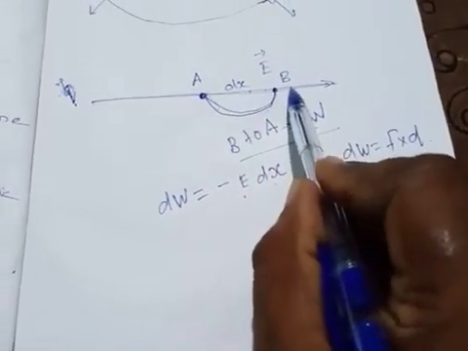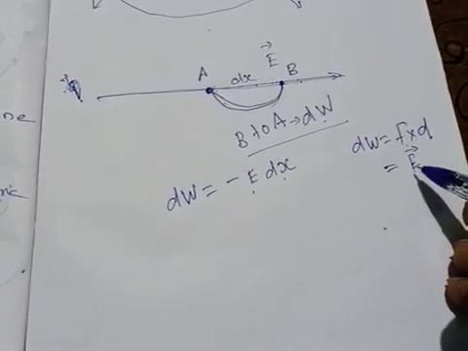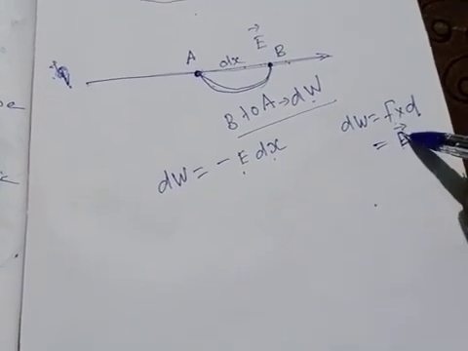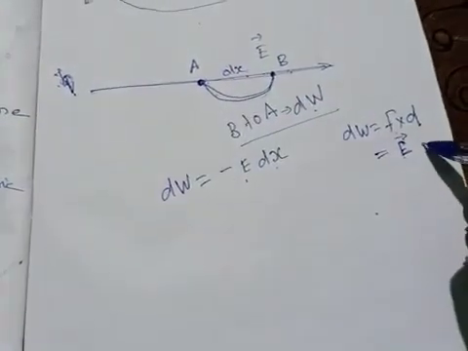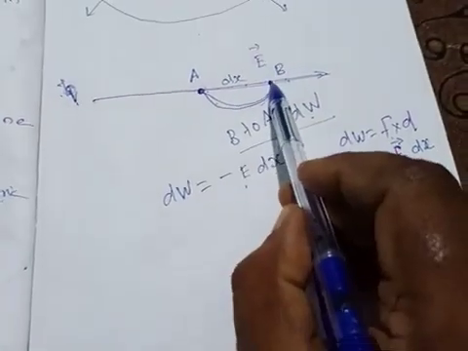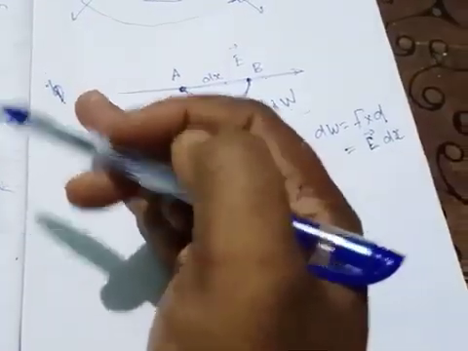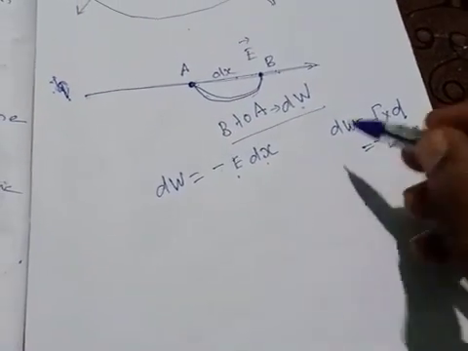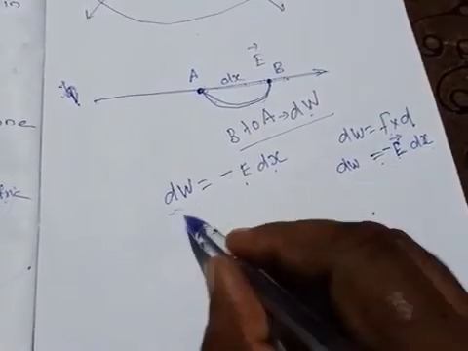This electric field line is experiencing a force; due to this electric field we experience an electric force. And the distance moved from position B to A is dx. And what does this minus mean? We are moving a charge from B to A against this electric force, opposite to this electric force. That is minus E into dx. So dW is equal to minus E into dx. That is the work done.